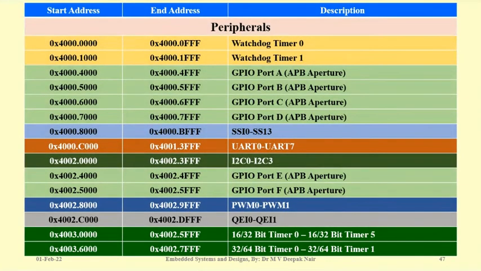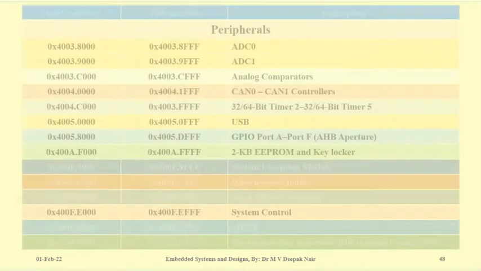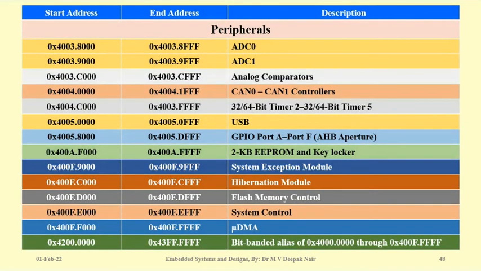So this is the mapping here. You can also see this from the data sheet, which I showed you, so I'm not going to talk about it again. These are all the peripherals and their starting and ending addresses: ADC0, ADC1, analog comparator, CAN, USB. If you want to change anything related to the USB port or use it, you will have to program these registers.